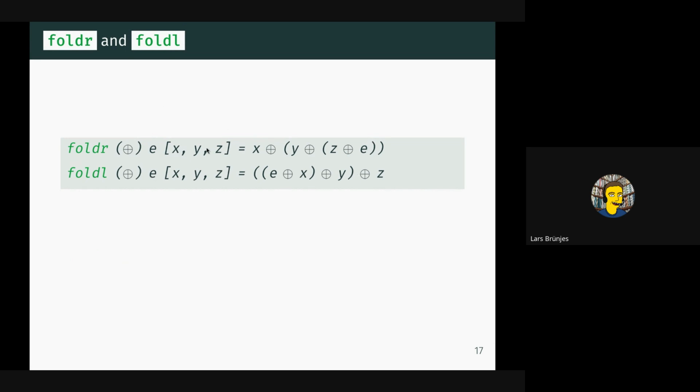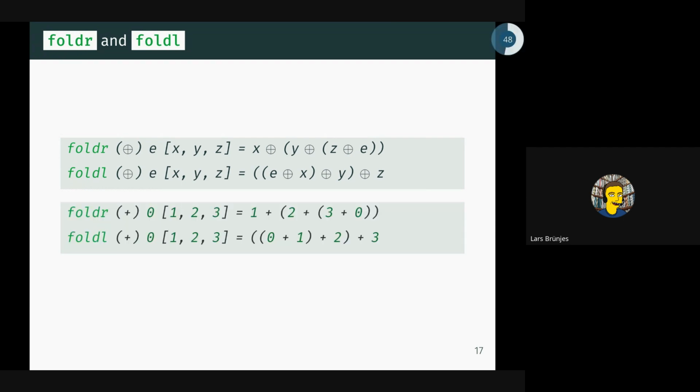For foldr, you start at the right end with the initial value, and then going from right to left, update with the list elements. For foldl, you start at the left with the empty value, and then process each list element from left to right. So maybe this is the best picture to understand why it's called fold right and fold left.